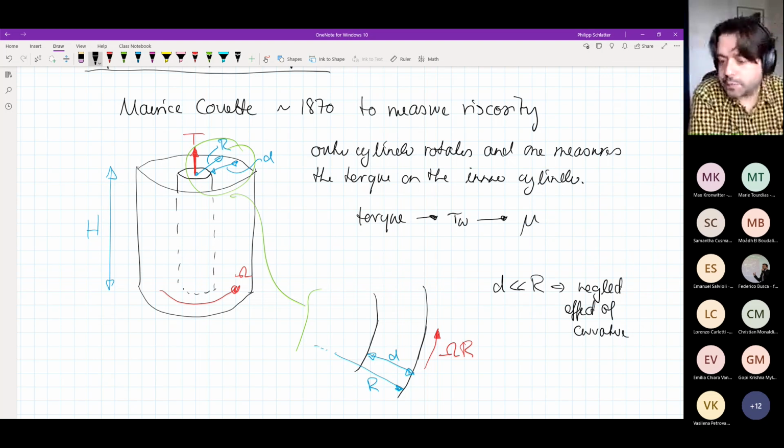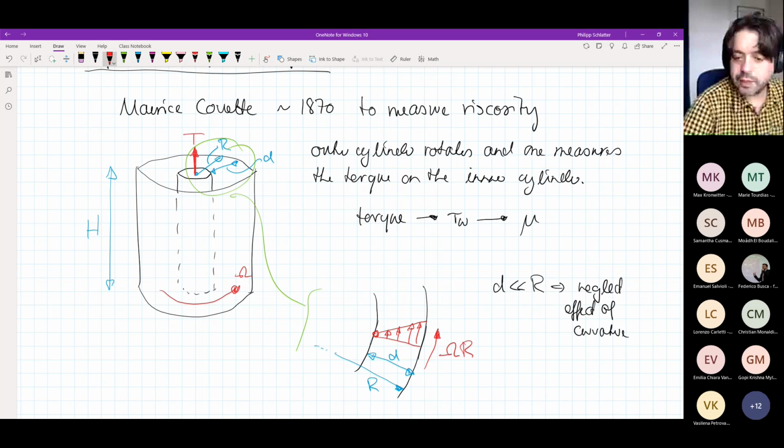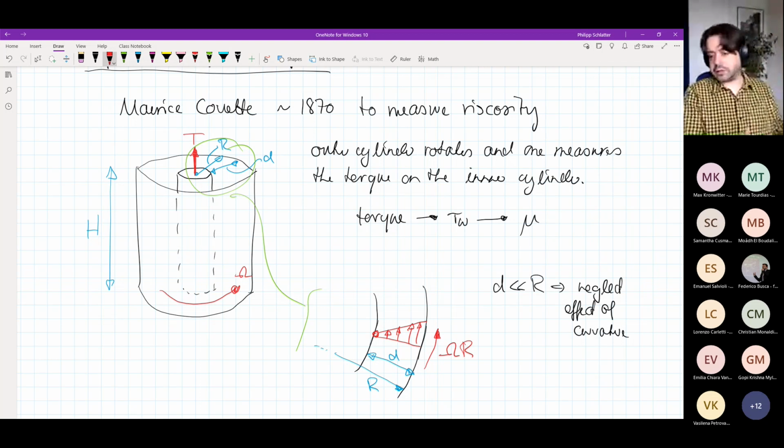And as soon as they're parallel to each other, we're back at the situation that we have a Couette flow. So we would expect a velocity profile that would look like this. And that's exactly the Couette profile that we have been talking about. So that's the idea of Couette on how he could have measured the viscosity, and that's why we call this Couette flow.